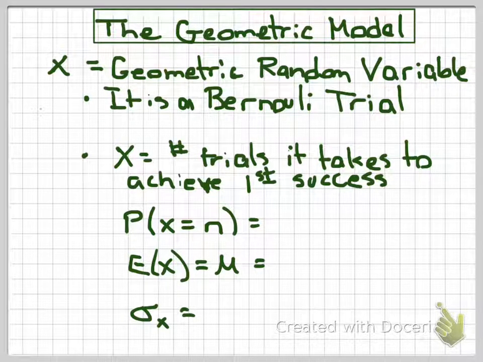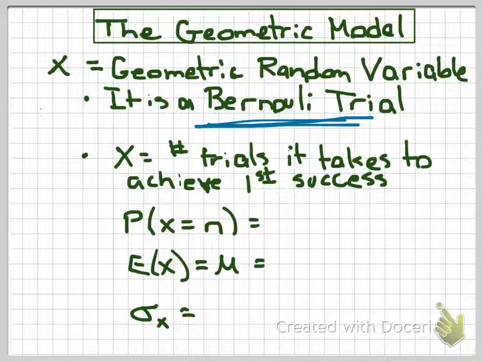If we look at the geometric model, is when x is a geometric random variable. And first, if we have a geometric model, we need to have the conditions for a Bernoulli trial. So first, we need to consider, of course, is something split up into success versus failure?